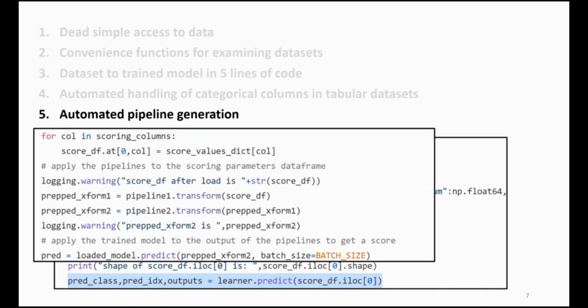Compare this to the situation with Keras. With Keras, the pipeline needs to be maintained as a separate entity from the model, loaded at inference time, and applied to the data frame with the scoring parameters. Only then can the model be applied.